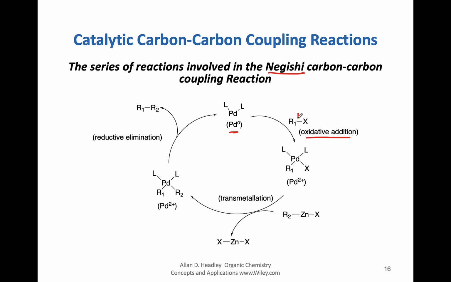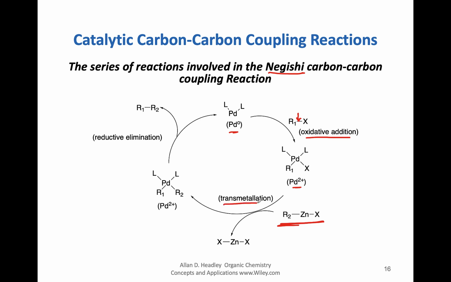Right here again, same type of reaction as we have seen, to form this type of complex. Notice this is now Pd2+. Then we introduce the second alkyl group as the zinc complex. Okay, that can be made easily in the lab from the alkyl halide. So here's the alkyl zinc complex.